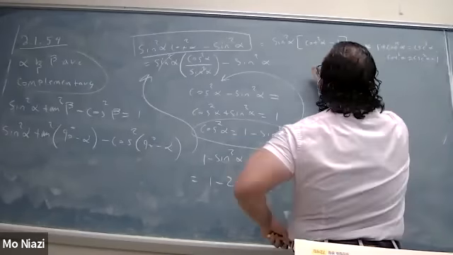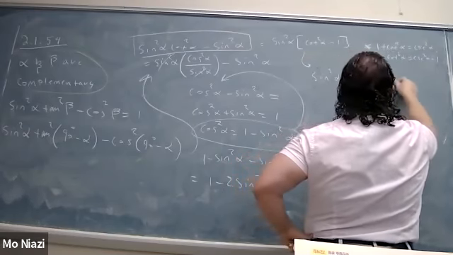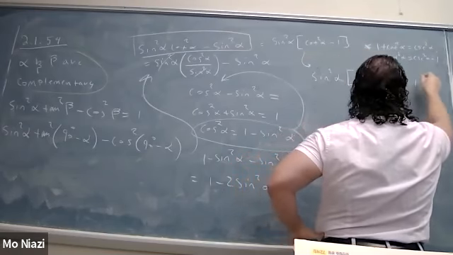So then this becomes sine squared alpha times, we're replacing cotangent squared alpha with cosecant squared alpha minus 1. So this becomes minus a 2. But it's supposed to equal 1.